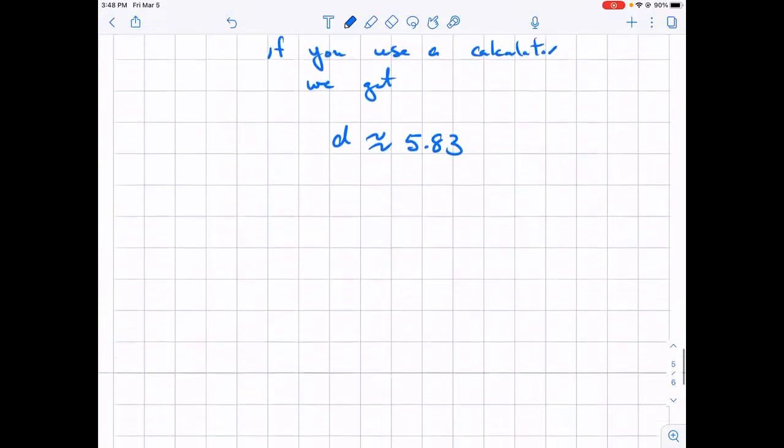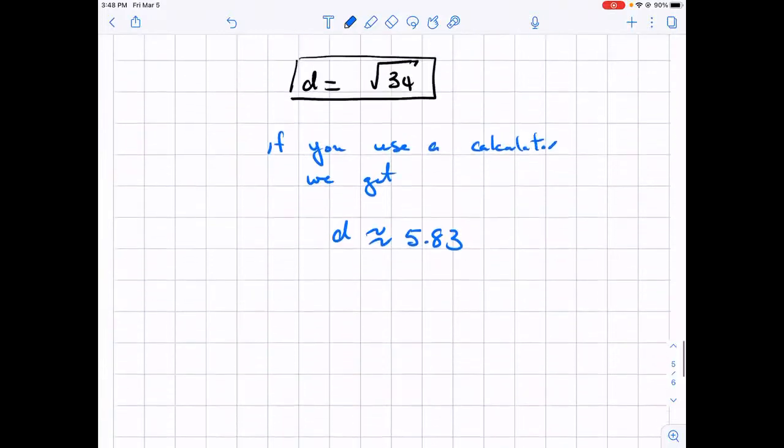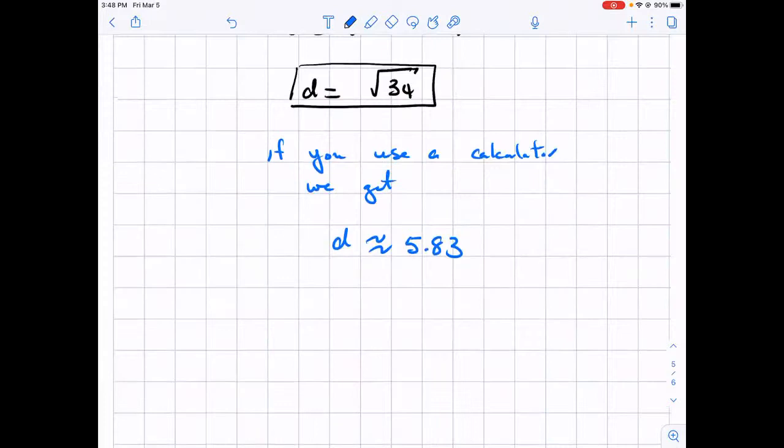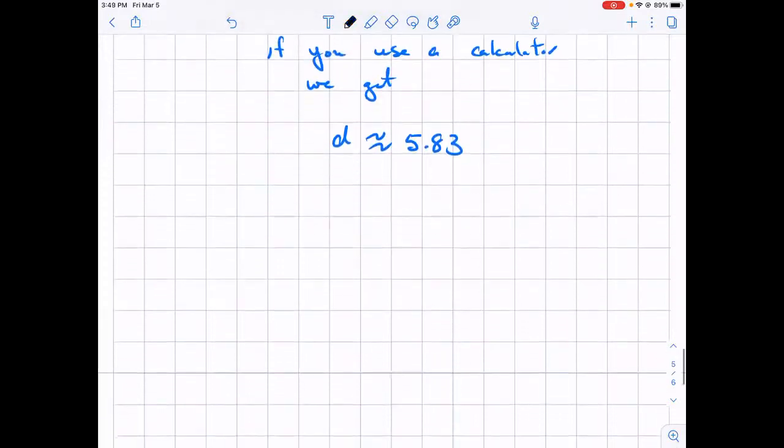Now, what we want to do is see how we use this distance formula to confirm things. So suppose I give you this example here.